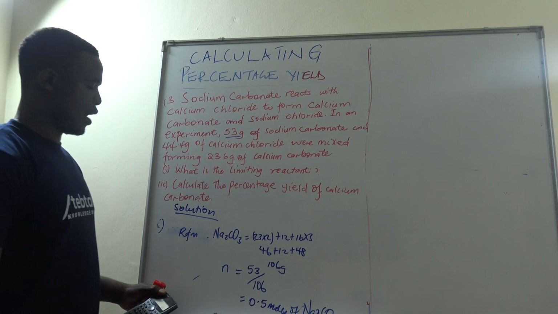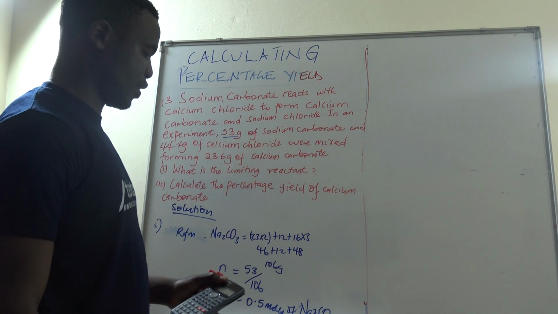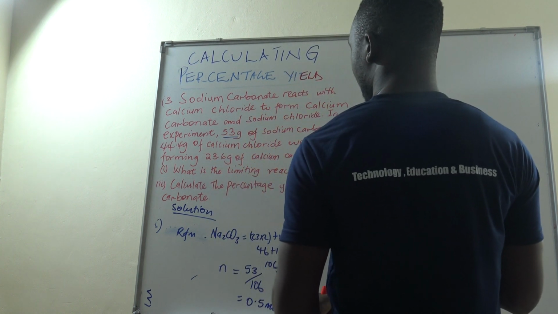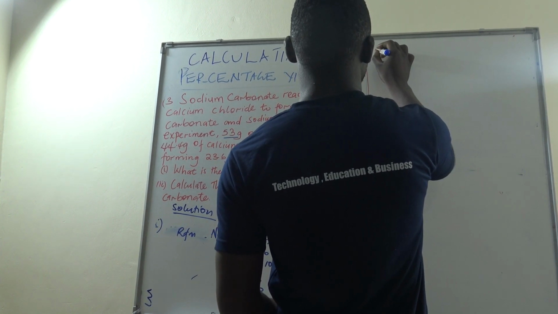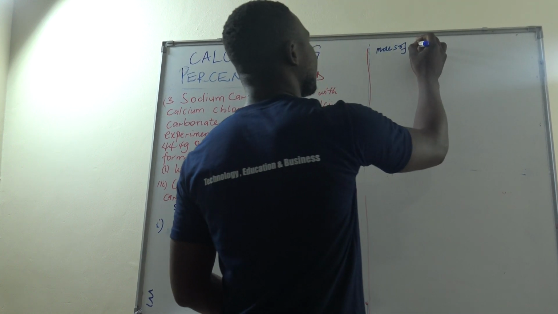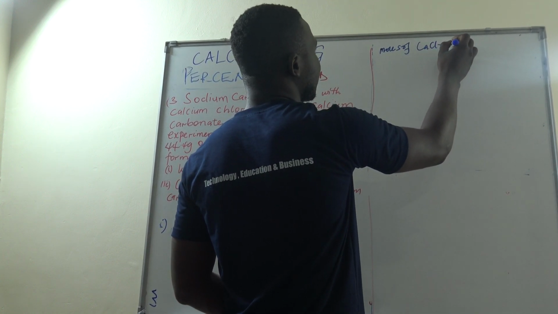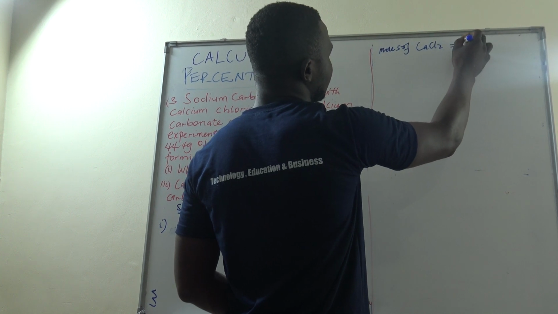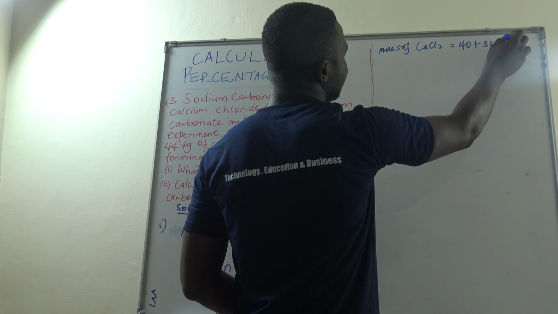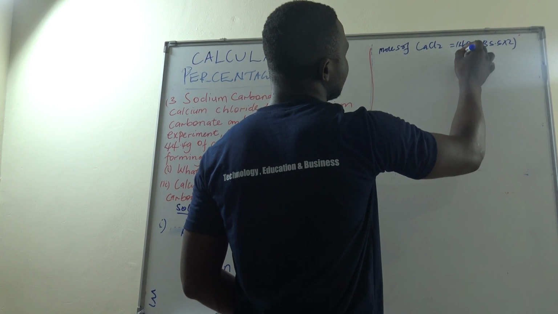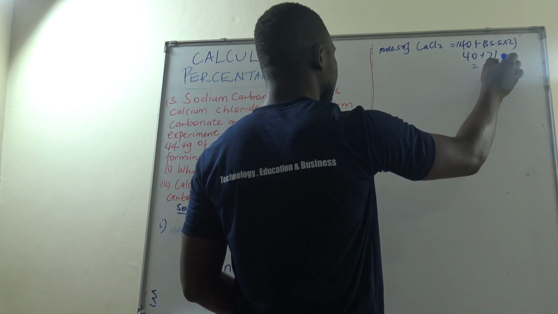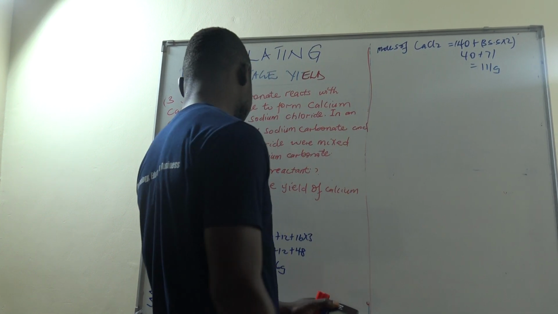Now, after knowing the number of moles of sodium carbonate, the next thing we are going to do is look at the number of moles of calcium chloride. We know that calcium is 40 plus 35.5, which is chlorine, times 2. This is 40 plus 71, which is 111 grams.